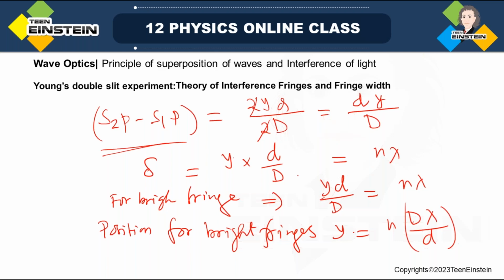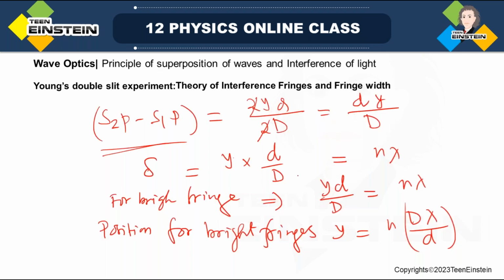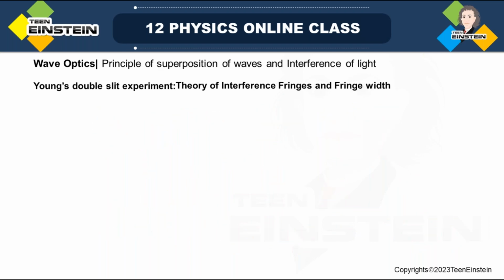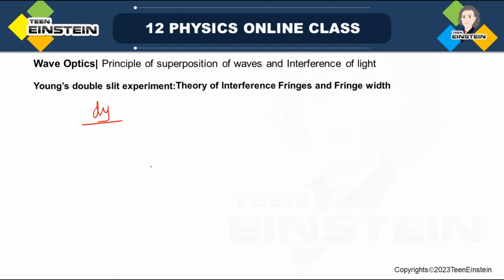For finding out the position of dark fringes, we get yd by D. Here d means small d, this should not be misunderstood with calculus.